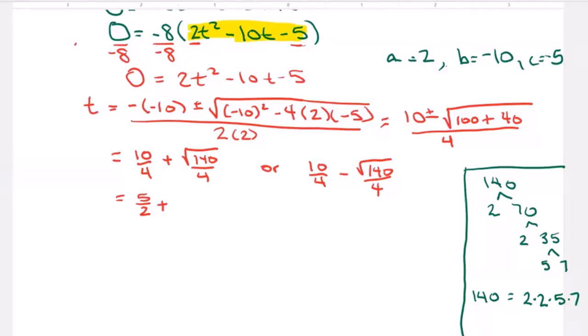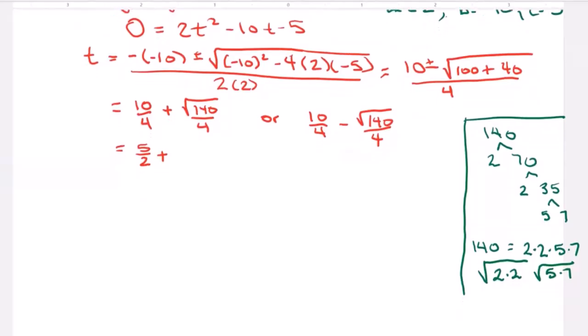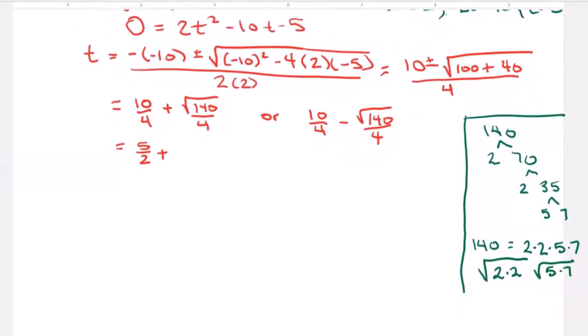And if I want to take the square root of that, I can say this is the same as the square root of 2 times 2 times the square root of 5 times 7. The square root of 2 times 2 is the square root of 4, which is 2, times the square root of 35. Okay? So now I know that the square root of 140 is 2 times the square root of 35.